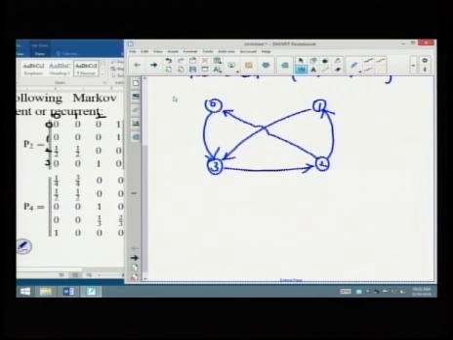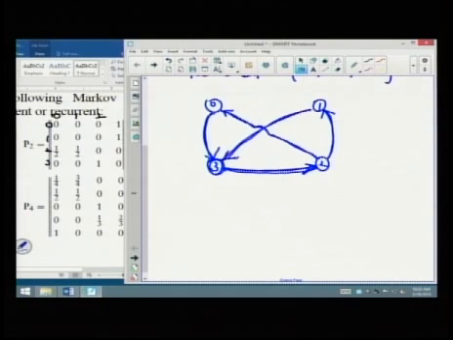Again, we know that all 4 states communicate, right? So, for example, if you leave from state number 3, then you should be able to come back, right? Whichever route you take, you can always come back.